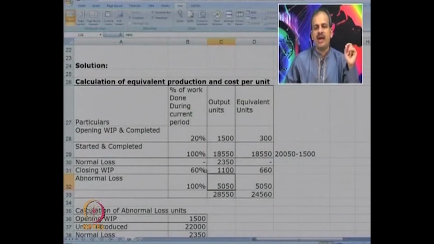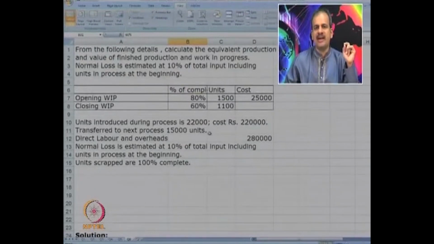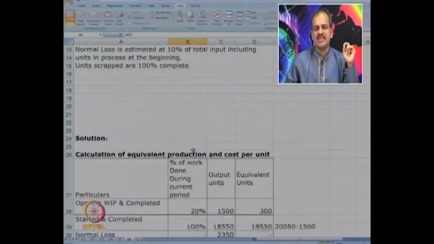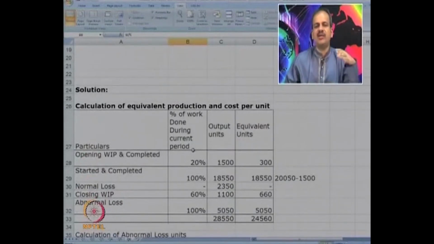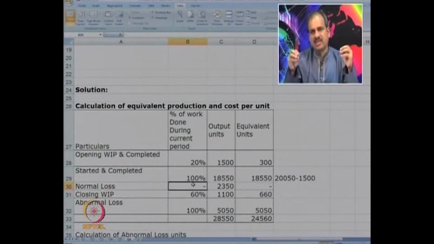So now we apply the percentages. So 60% is a percentage completion for closing stock. You can go back and check. Opening stock was 80 and closing stock is 60. So in this period we have done 60% work on it. Units started and completed we take at 100%. Normal loss we take at 0% because that cost is to be charged to the customer.